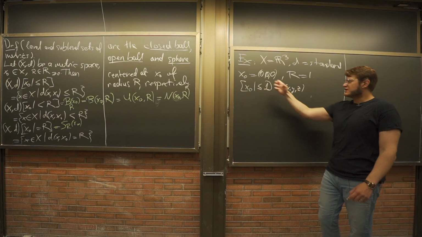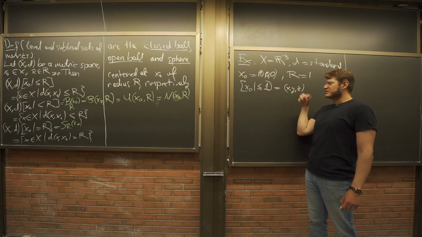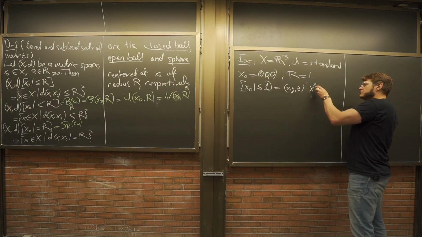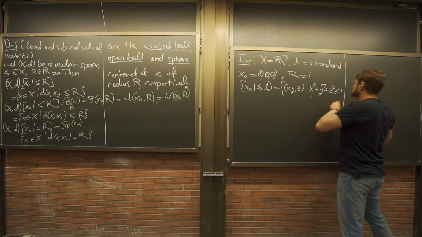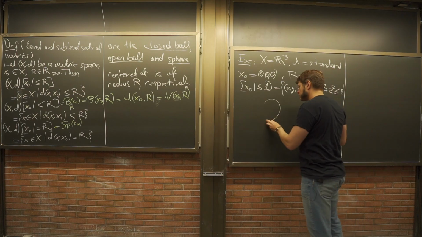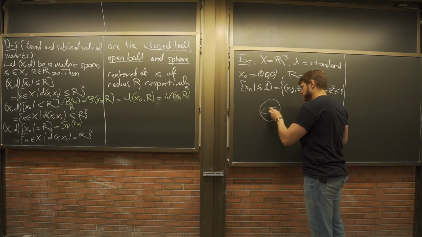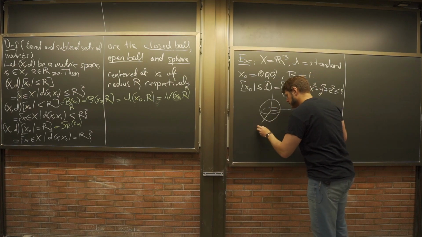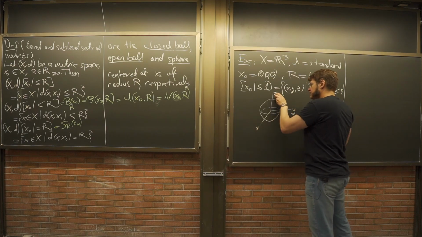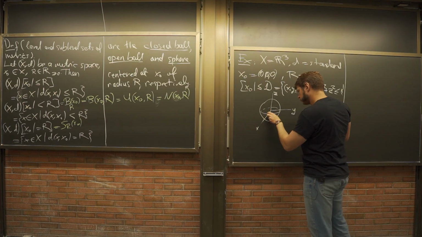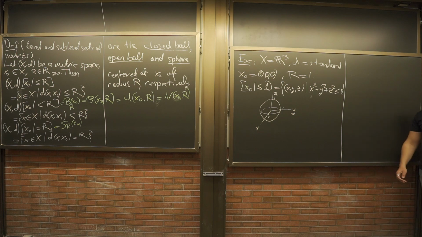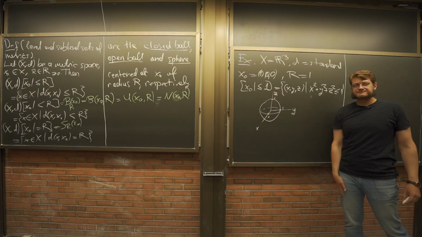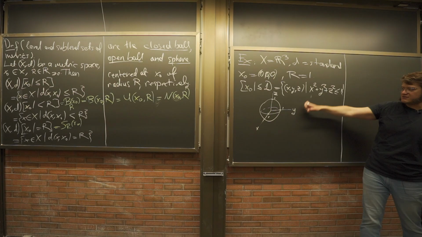And so what is the distance between this and this? Square root of x squared plus y squared plus z squared. I want this to be less than 1. Okay, x, y, z. So this is 1, this is 1, this is 1. Everything inside is included in this set.